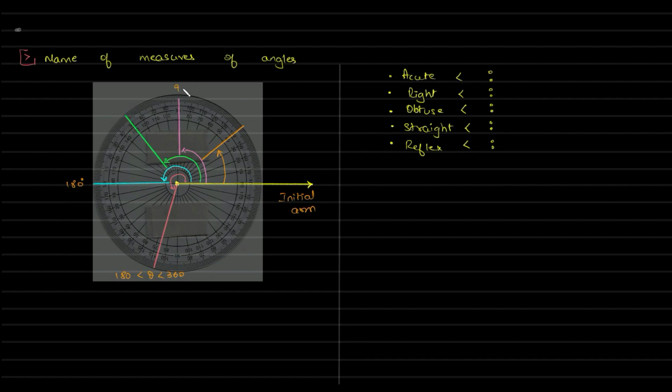Between 180 and 90 degree, less than 180 but more than 90, it is your obtuse angle. And between more than 0 but less than 90, acute angle.